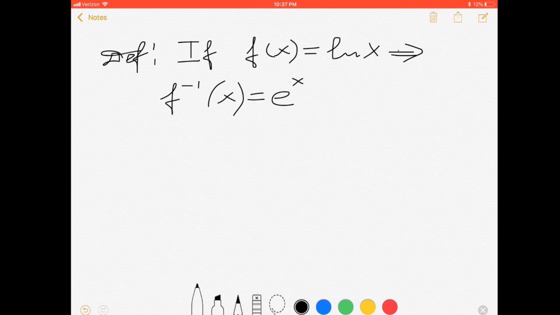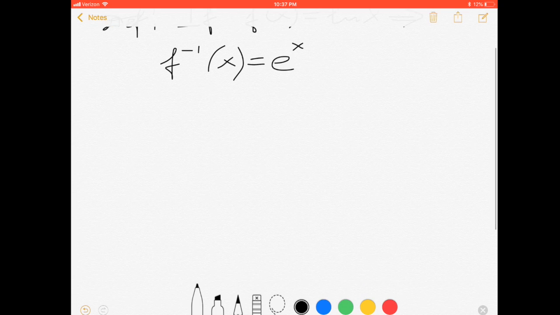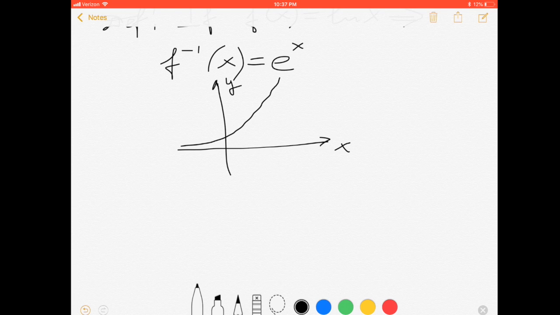Remember, e is some number greater than 1. This means the exponential function graph will be, if you have the x-axis and y-axis, oops, this is 1, and here it will be. This is your graph.